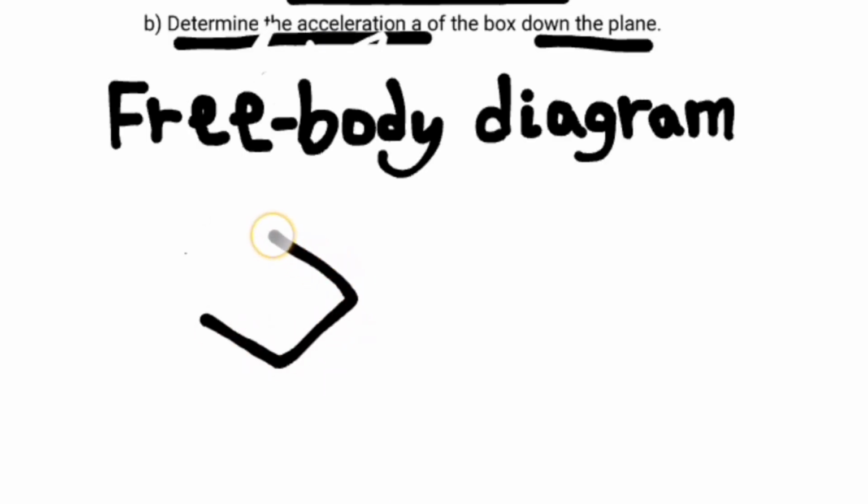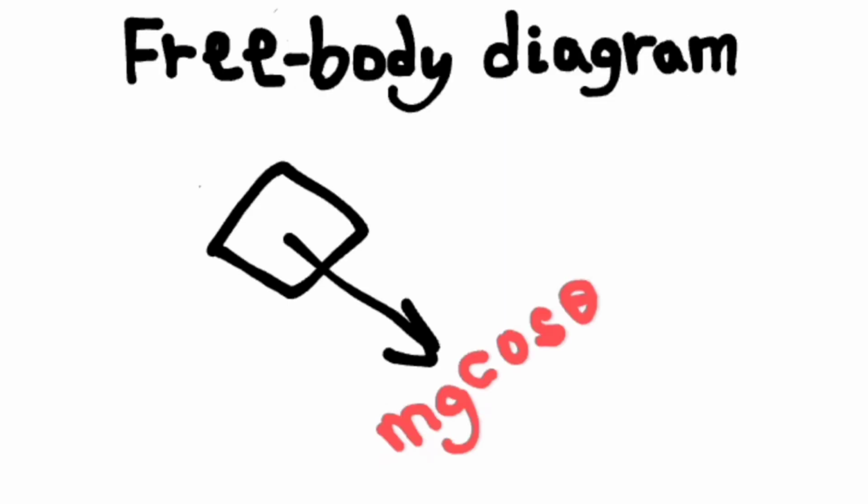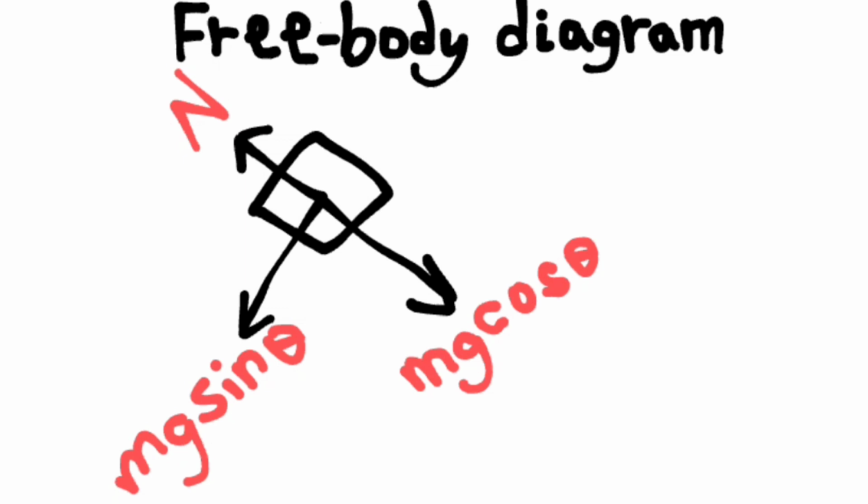We will not draw the weight, but we will only draw the components of the weight, okay? So this is mg cos theta, and also there is mg sin theta, there is a normal force, and there is no friction here.